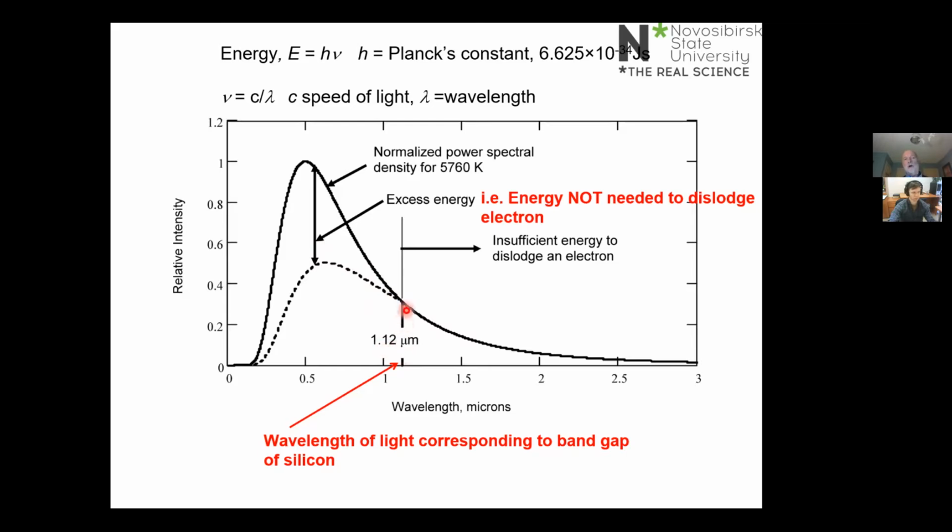And so all the available energy in the solar radiation above that wavelength is not available to that technology. And it also means that when we go down in wavelength, it's only the part of the spectrum that's under the dashed line that is actually useful to dislodging the electrons, because the excess energy doesn't serve any purpose.